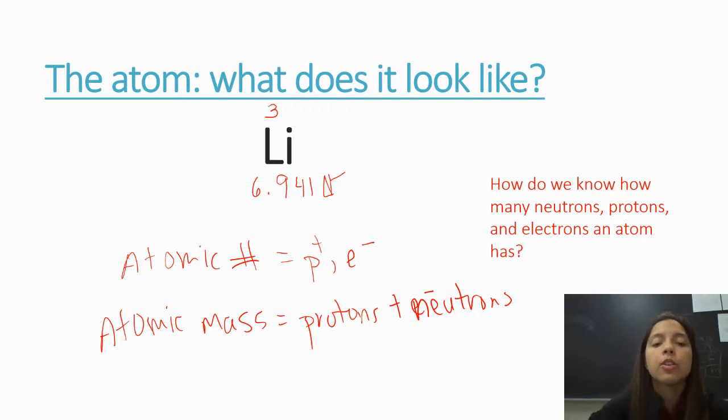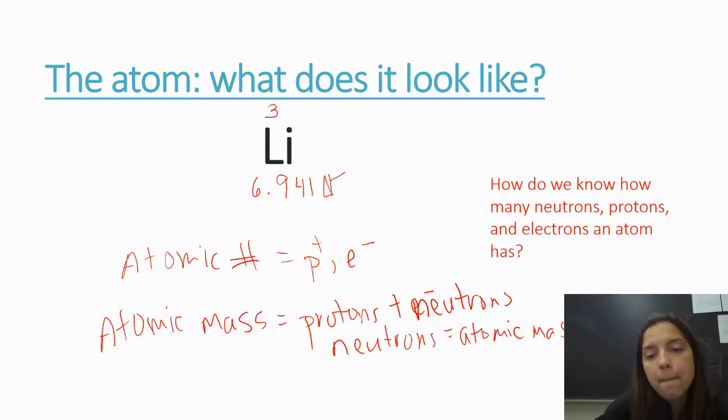Now, if we know the mass and we know the protons, can we find neutrons? Yes, of course you can. So neutrons is going to equal atomic mass minus the protons. So we know that the mass is 6.941, so I'm going to round that to 7.